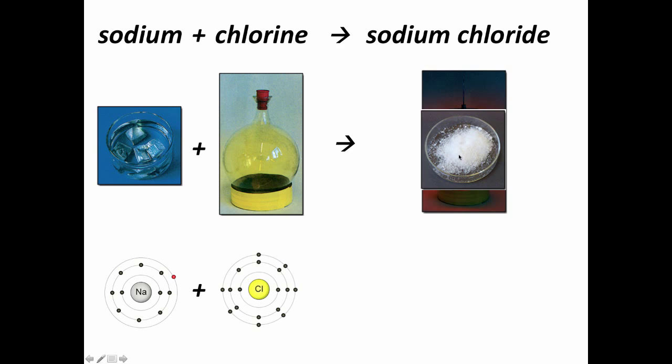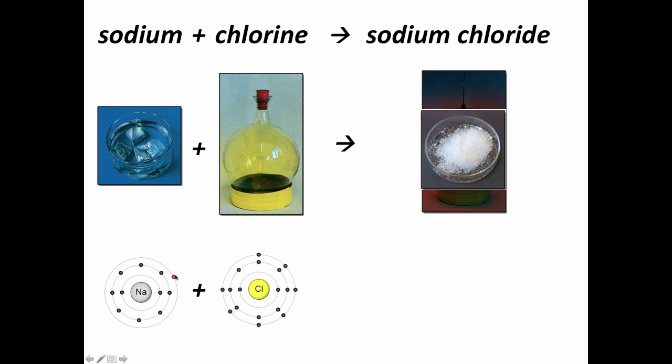Now, what's going on in this reaction is we start with sodium atoms, which have an equal number of protons and electrons, in fact 11 protons and 11 electrons, and that reacts with chlorine atoms, which also have equal numbers of protons and electrons, in this case 17.